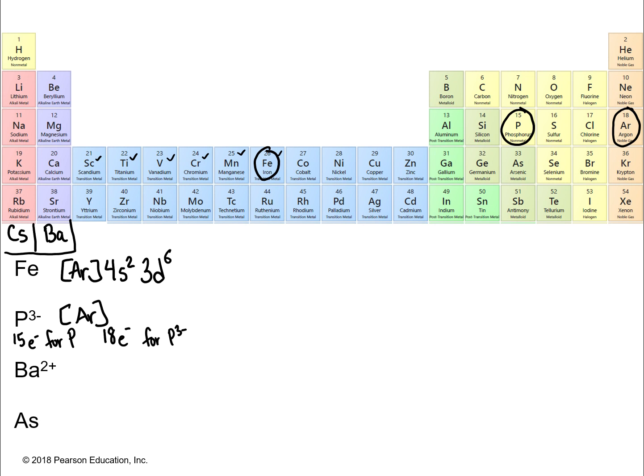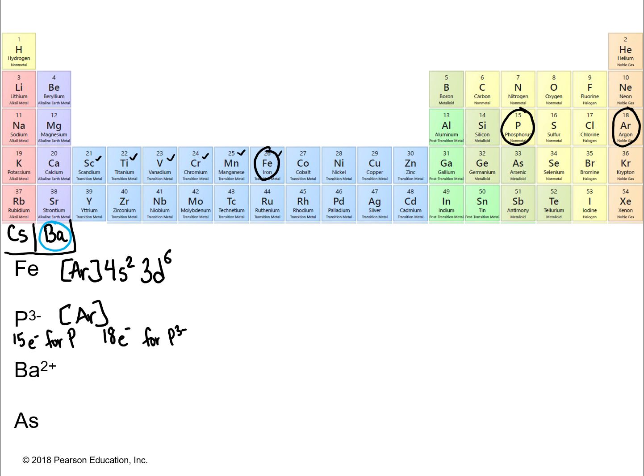How do we feel about that one? Did we get that one right? Okay. I'm going to do a different color for barium just to break up the black. So we're looking at the barium ion. Barium is in period 6.